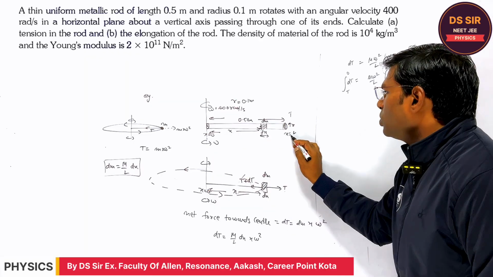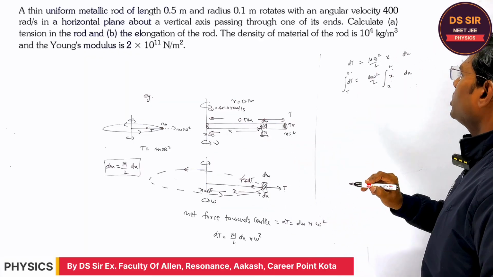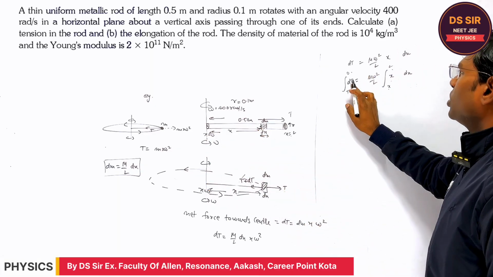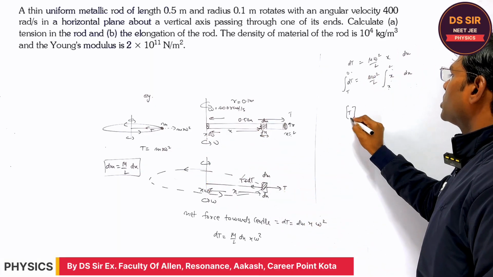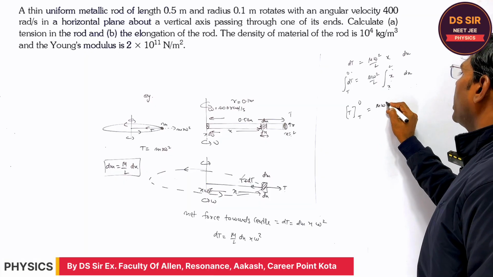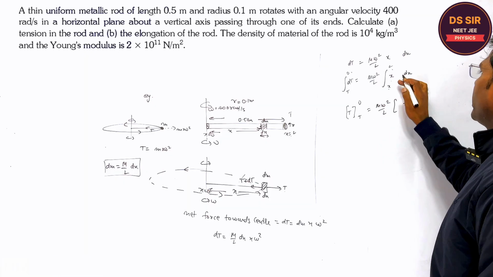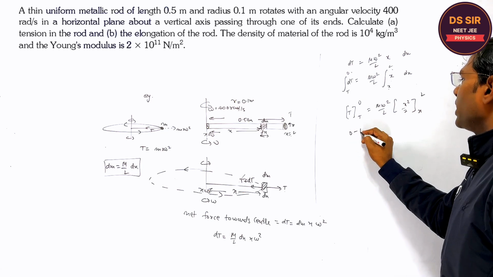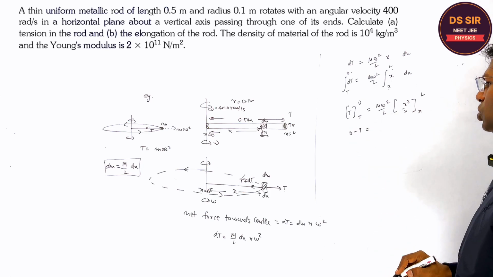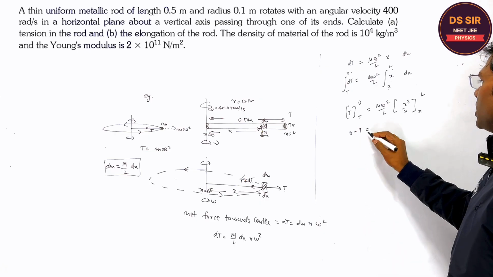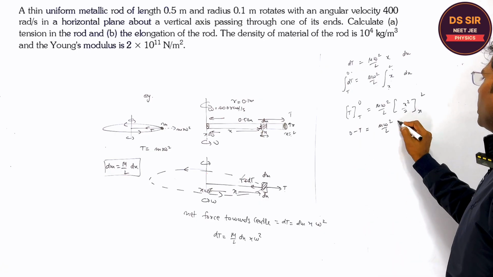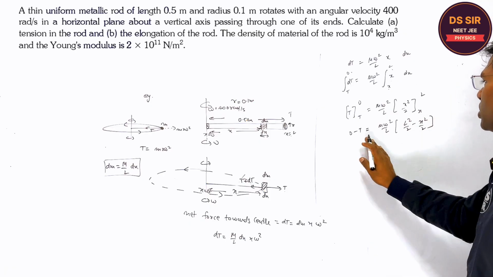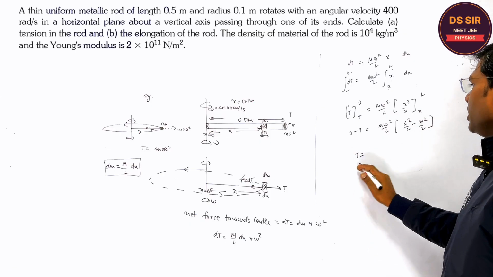So at x is equal to L, tension is 0, and at distance x, the tension is T. Now if you integrate, this is m omega square over L, the integration of x, x square by 2 from x to L. So 0 minus T is equal to m omega square upon L into L square by 2 minus x square by 2. So this is the tension T.